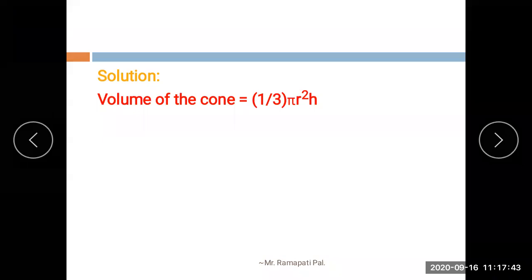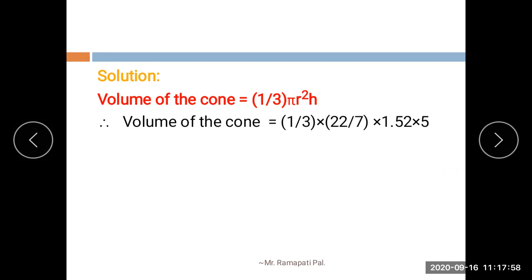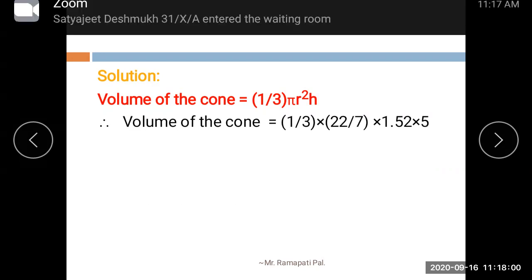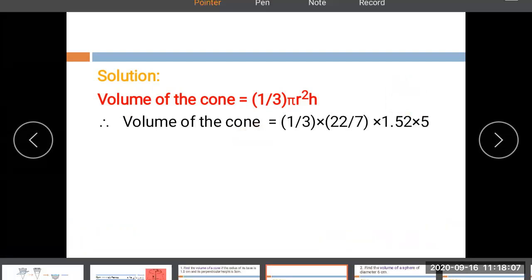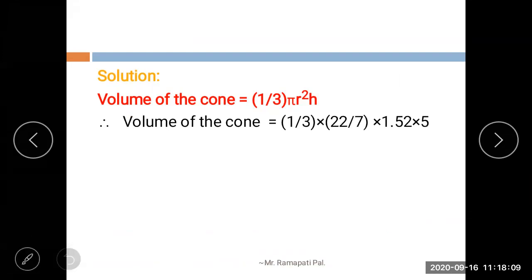Is it clear? Into 5. Okay. Now we will substitute the value. Here it is square. This is 1.5 square into 5.